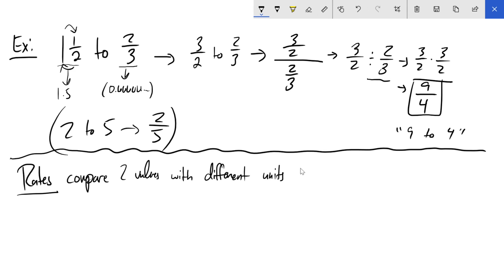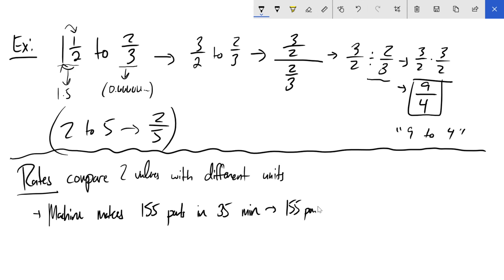For example, let's say that a machine makes, say, 155 parts in 35 minutes. Well, it's like a ratio, right? It's like 155 parts to 35 minutes.